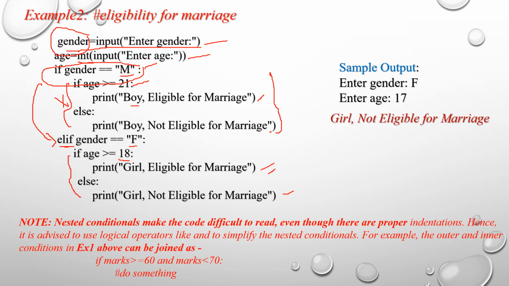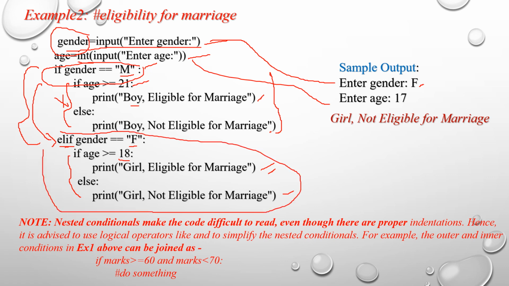For example, the Python interpreter is asking for user input. The first input is enter gender. If you enter F, the interpreter again asks for the age. If we enter 17, the Python interpreter ignores this statement and executes this one.